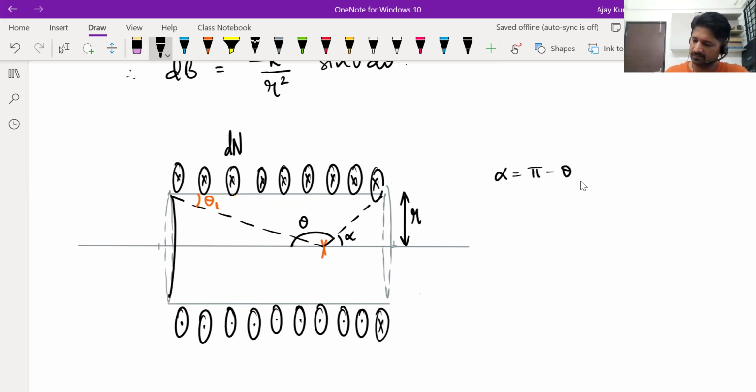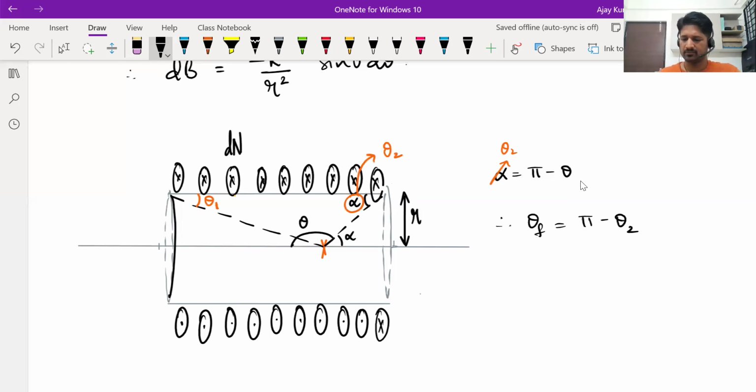And if that angle is alpha, this angle is also alpha. So for the final limit, let's call this internal angle theta 2. So the final theta should be pi minus theta 2.